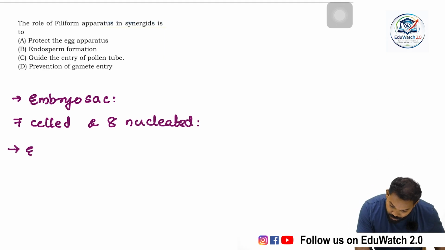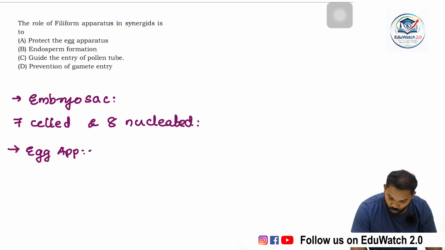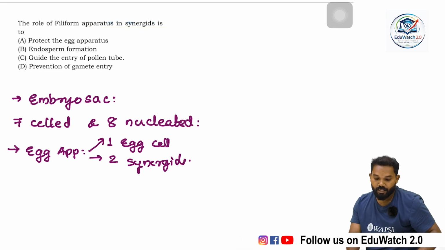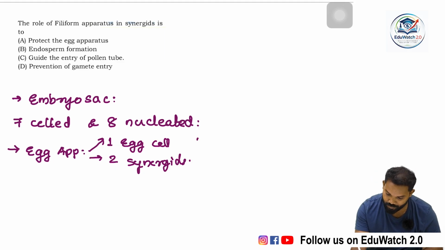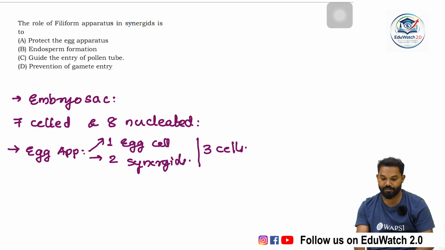The first is the egg apparatus, which consists of one egg cell and 2 synergids. So there are 3 cells. Among the 7 cells, 3 cells are egg apparatus.